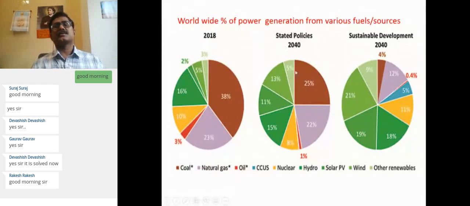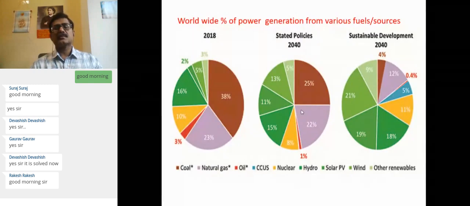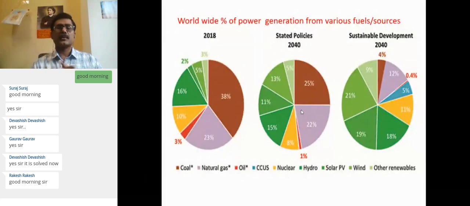But what about the stated policies? It means the targets to be achieved by the end of 2040. Some policies, some framework has been made for the trends in shifting from the conventional sources of fuel to non-conventional sources. Here it is the stated policy 2040, whereas there it is the sustainable development 2040.